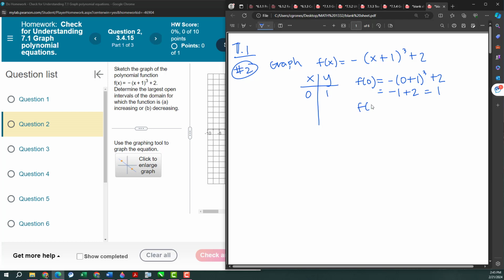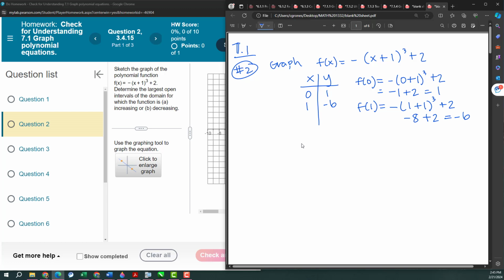Let's try where x equals 1. So I've got negative 1 plus 1 cubed plus 2. 1 plus 1 is 2. 2 cubed is 8. And then we have our negative that we're bringing. Negative 8 plus 2 equals negative 6.